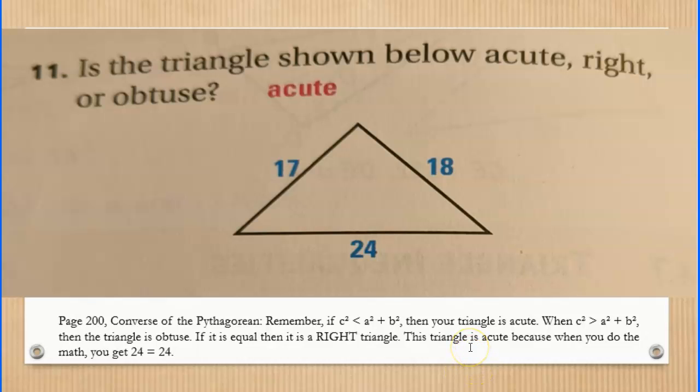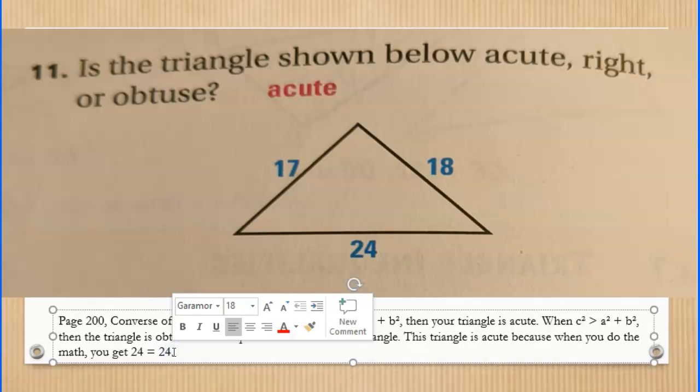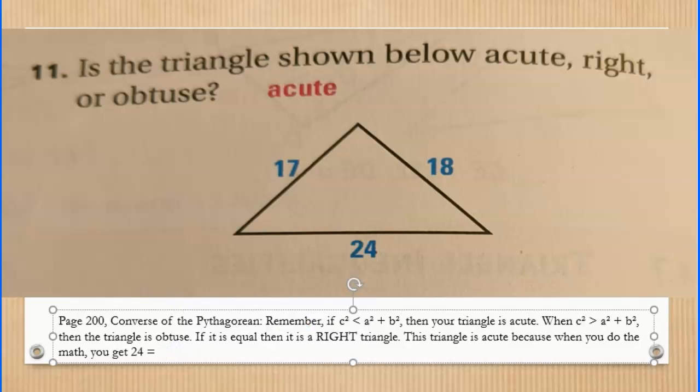But in this case, when we do the math, it is 17 squared plus 18 squared, and then we have to figure out what 24 squared is. I don't think I did my math right, so let me do the math real quick while we're here together.